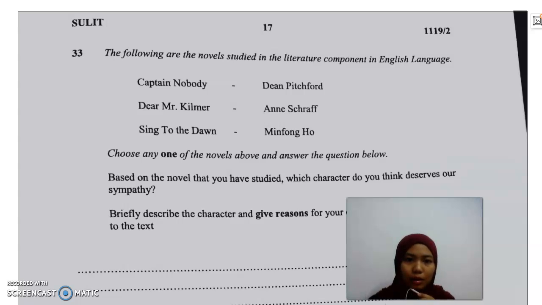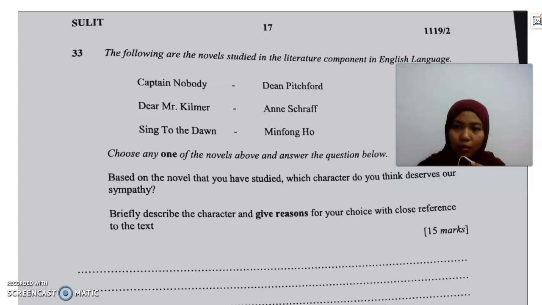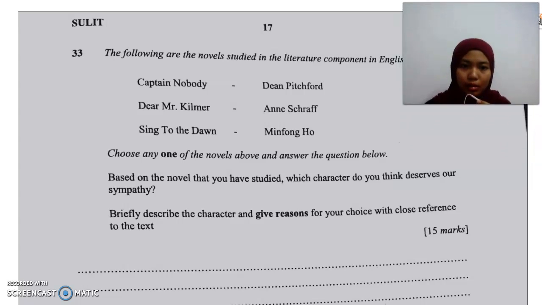So basically, the following is the novel: Study in Literature component in Language English. You might know that you are all doing Sing to the Dawn by Min Jung Ho, but perhaps you have known about other novels as well.